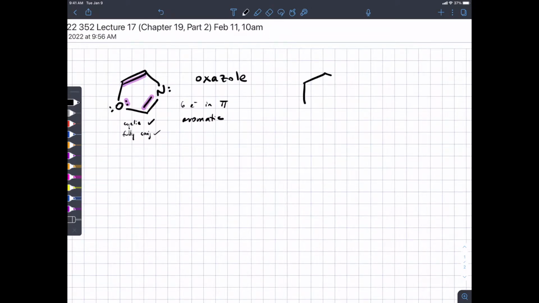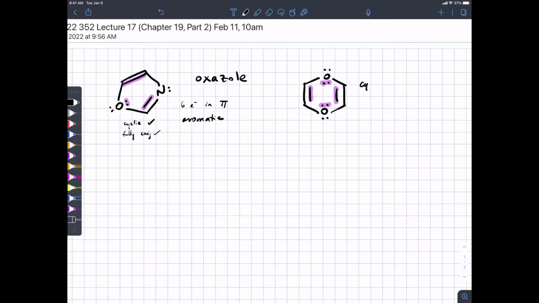In contrast, we could draw a molecule like this with 2 oxygens. Aromatic or anti-aromatic, how many pi electrons do we count? It's 2, 4, 6, 8, and the other 2 lone pairs we have to not count because they're not involved in the pi system.